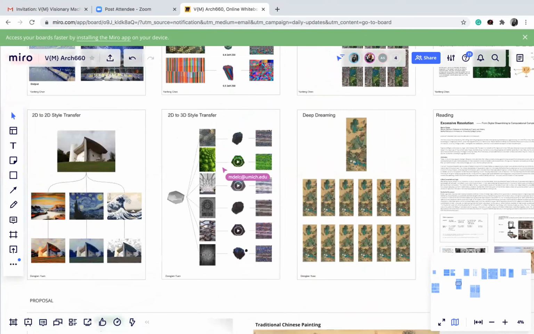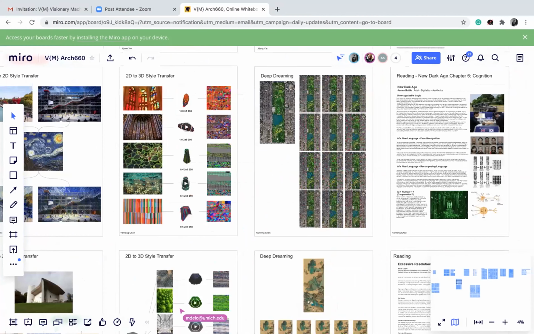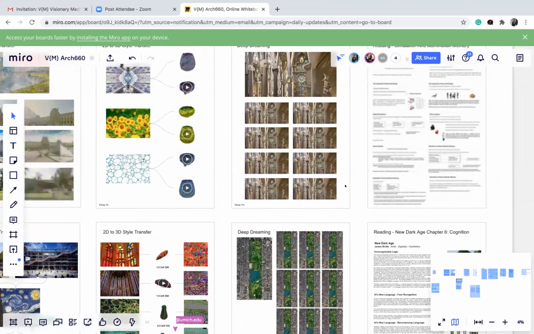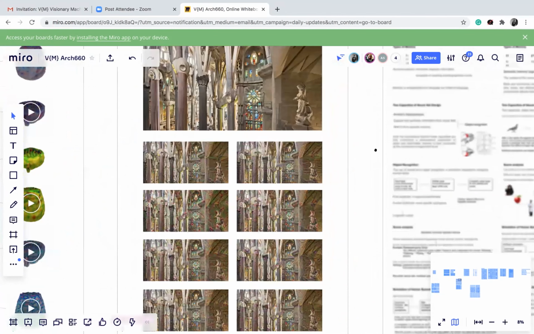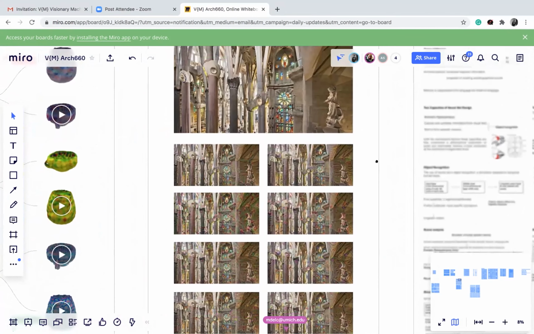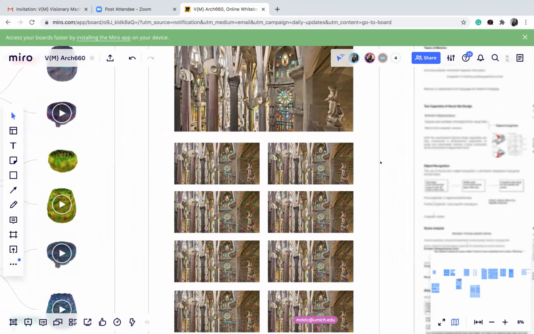And also we did the 2D Google Deep Dreaming. Yeah, because we are interested in exploring how to teach AI to join our project.